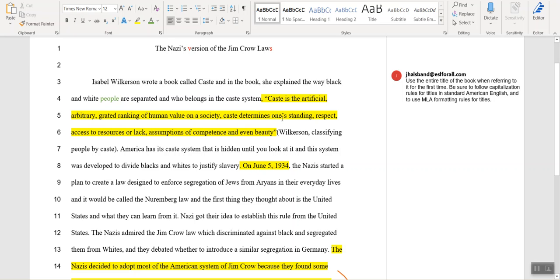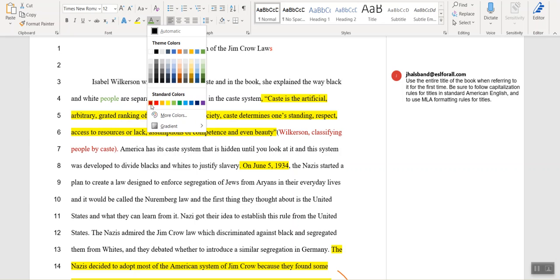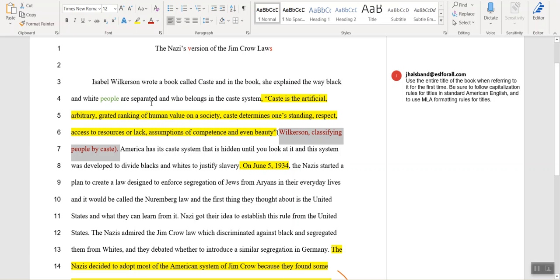So now here, this is an in-text citation, and it needs to be fixed to be the MLA format. So I'm gonna highlight it, or not highlight, I'm gonna change the font to red.